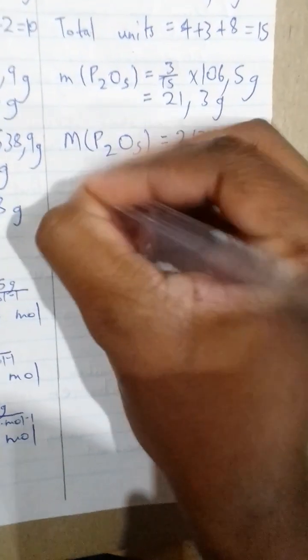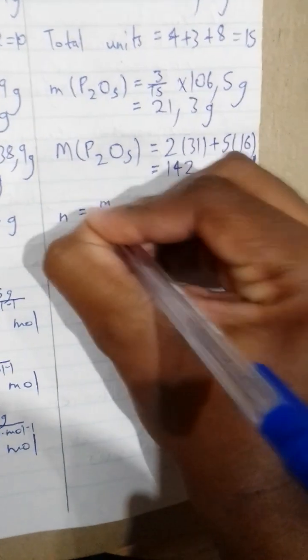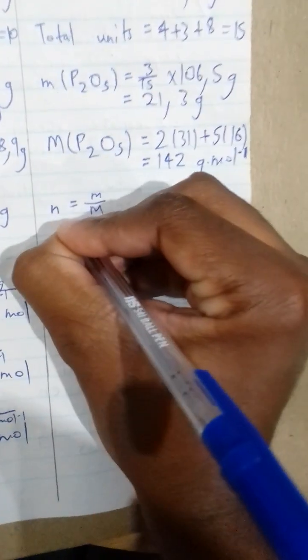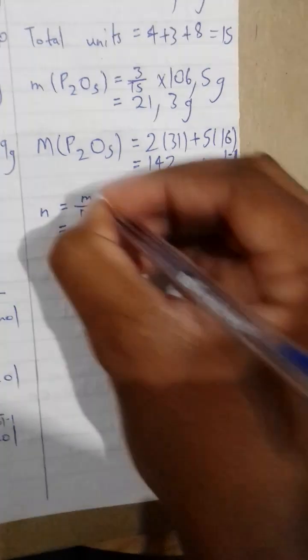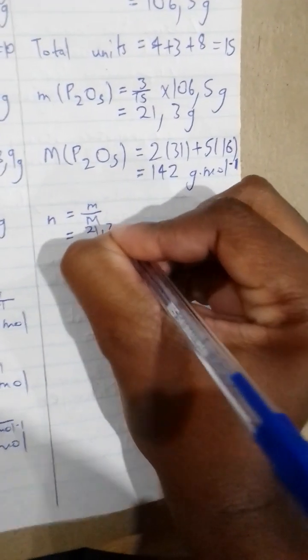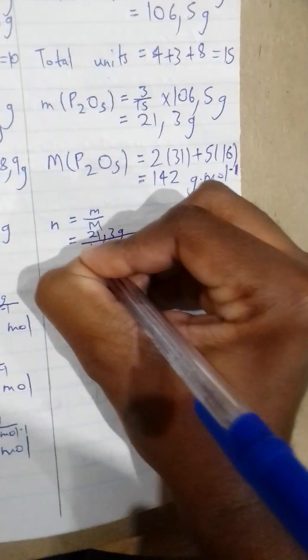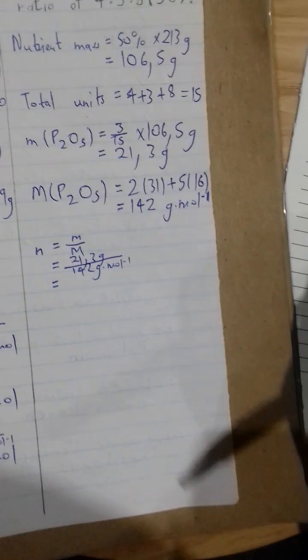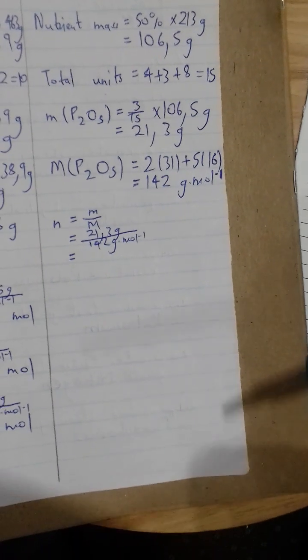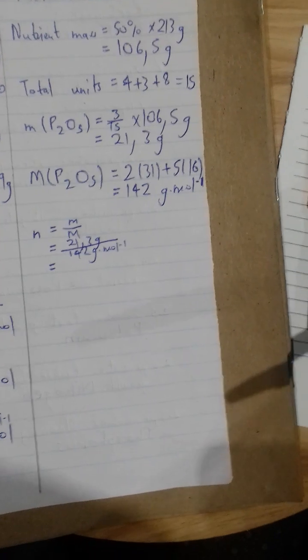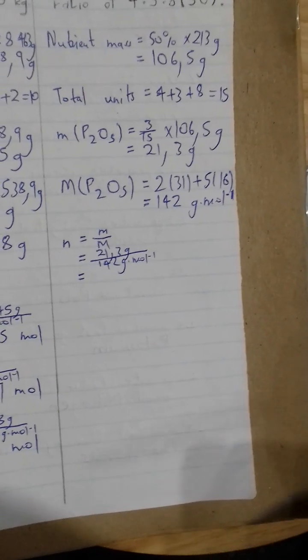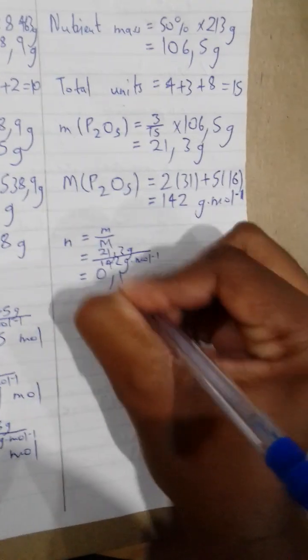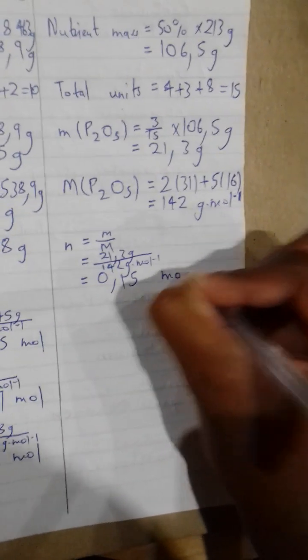Okay. Number of moles, mass over molar mass. 21,3 gram over 142 gram per mole, 0.15 mole of P2O5.